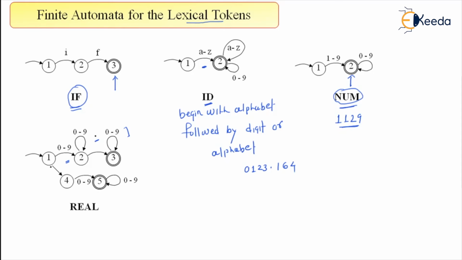Here 0 is not mandatory to include; as per the situation you can change it, let's say if you want 1 to 9, then you can also write 1 to 9. Otherwise you can just start with a decimal radix point followed by 0 to 9, and then you can repeat 0 to 9, and that will become a real number. So these are a few examples of how lexical tokens are recognized by using a finite state machine.